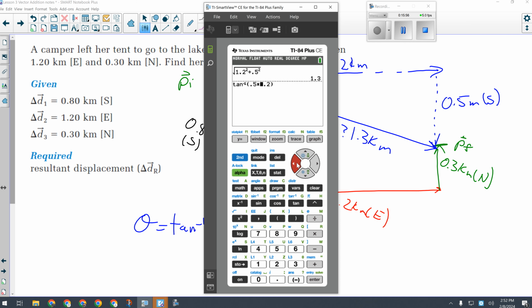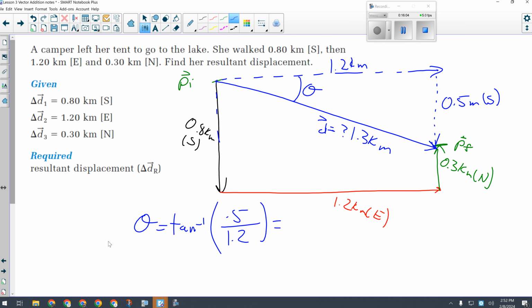All right, so I'm getting 23 degrees here. And that is south of east.